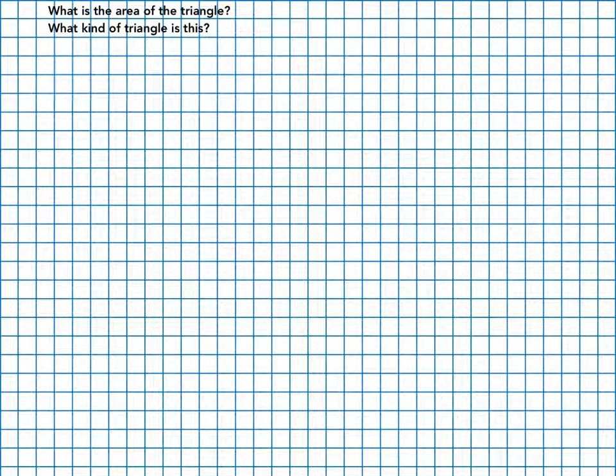So let's start. I will draw a triangle, I will give you the dimensions, and then you need to pause the video and answer what is the area of the triangle, and then what kind of triangle. And then I will give you the answer, and hopefully those answers will match up.